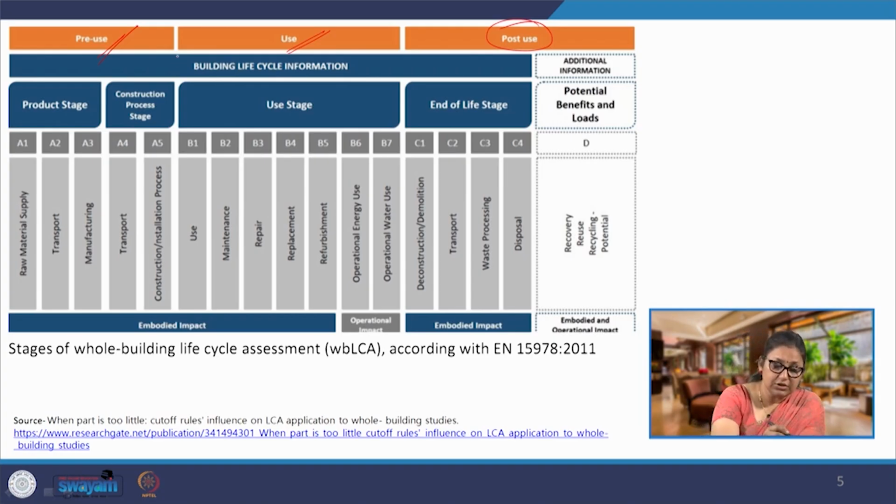So, the use stage, which is when the building is in operational use. These are the activities that are going to be there, which we have just seen: the use of the building, there will be maintenance, repair, replacement, refurbishment. There will be emissions coming from the operational energy use, which will be the most significant part of the overall emissions from the building as a product, and operational water use.